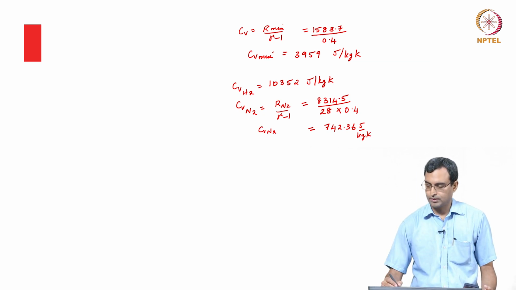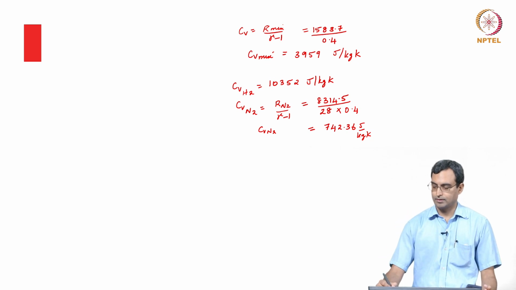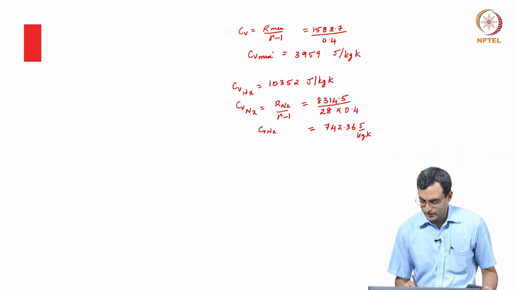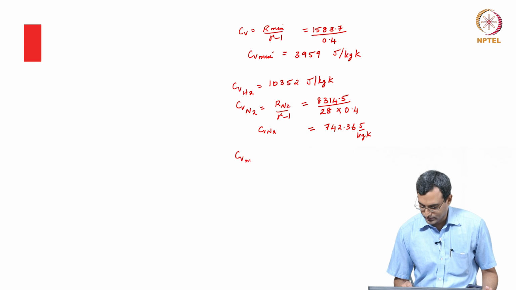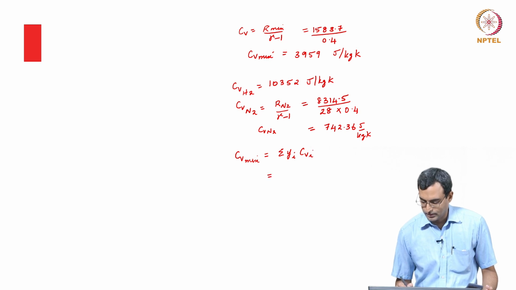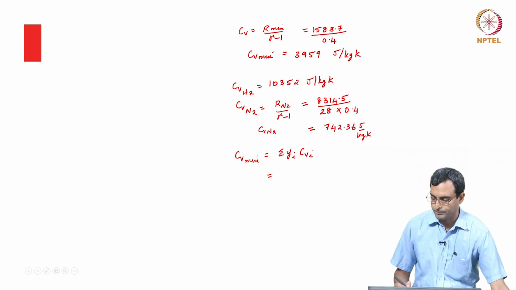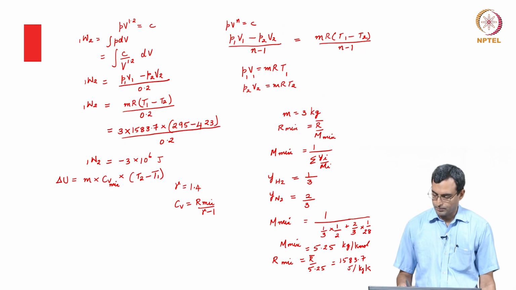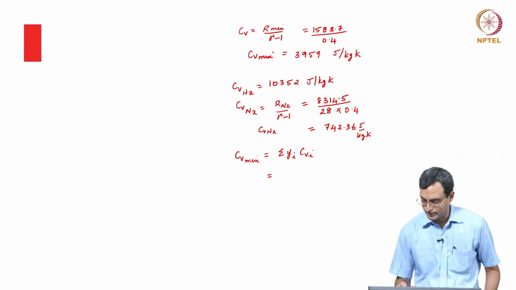So, I found both of these on a per kg basis. So, now CV of the mixture would be sigma of yi into CVi. I have the mass fractions we had earlier. So, mass fraction of hydrogen is 1 by 3.